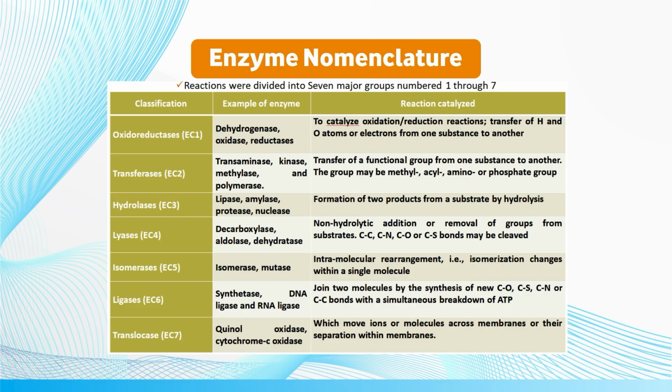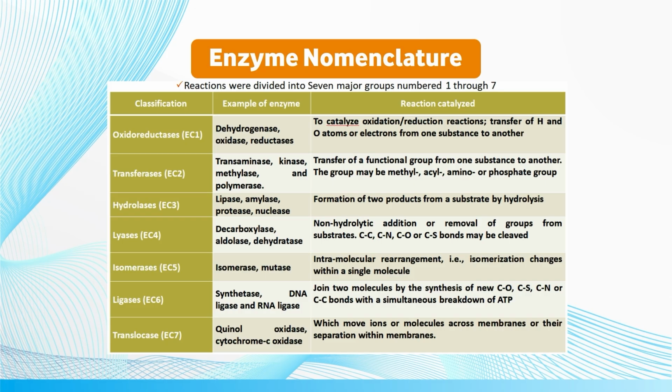Another group is transferases, denoted by EC2, the second group. Transferases transfer a functional group from one substance to another. The group may be a methyl group, acyl group, amino group, or phosphate group. Examples are transaminase, kinase, methylase, and polymerase.